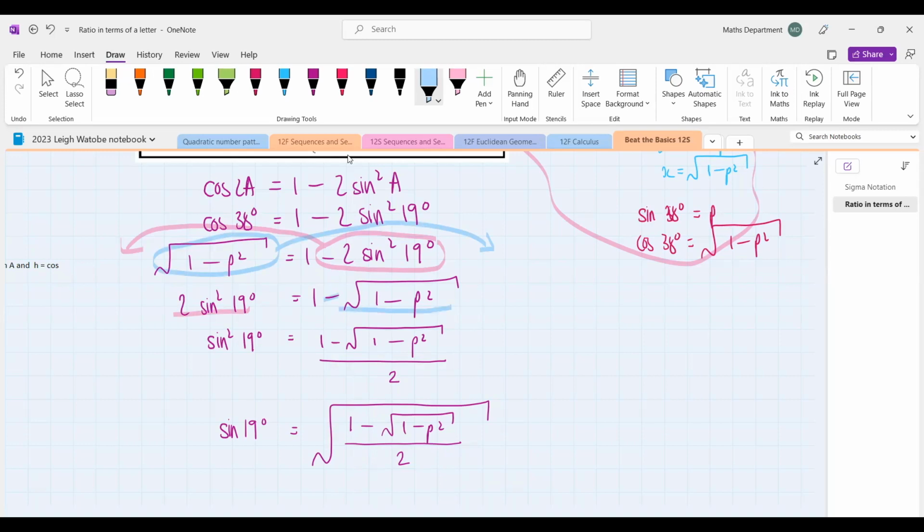The reason it's over 2 is because I divided by this 2 over here at the front. Oh, so you made sine squared 19 the subject of the formula. Exactly. Okay, so I'm solving for sine 19. Sine 19 is like your variable that you're solving for. Does that make more sense now? Thank you. It's a pleasure.